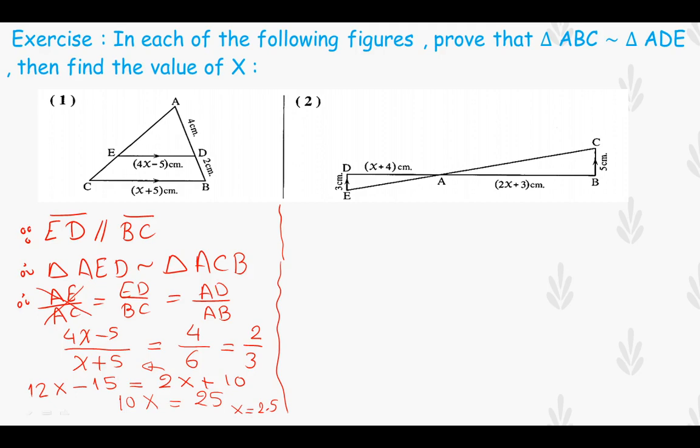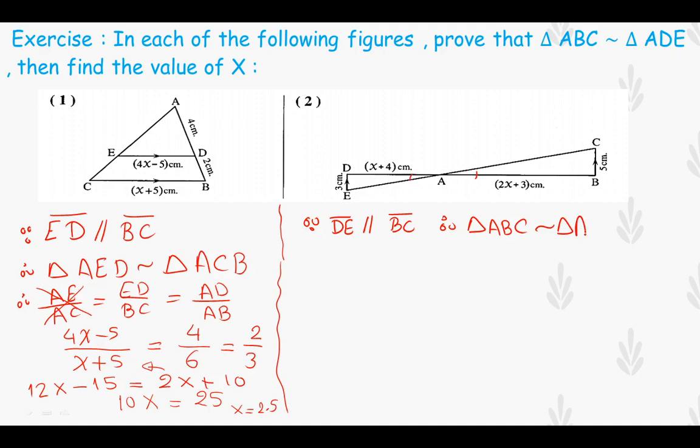Okay, in each of the following figures, again, prove that triangle ABC is similar to triangle ADE. Here we will write, since DE is parallel to BC, therefore triangle ABC is similar to, here measure of angle A will be equal to measure of angle A, vertically opposite angle.